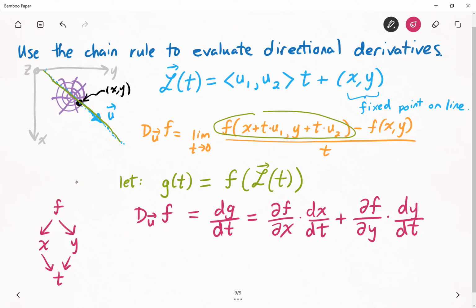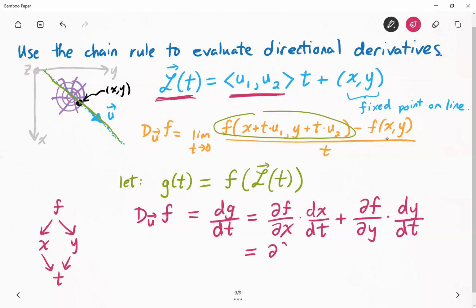And so how do x and y both change as functions of t? So we can calculate that using the expression L of t, because this is giving us our change in the x and y component as a function of t. Right? In this equation, x and y are kind of like constants. The change, dx dt and dy dt along this line, the change is given by the slope vector.